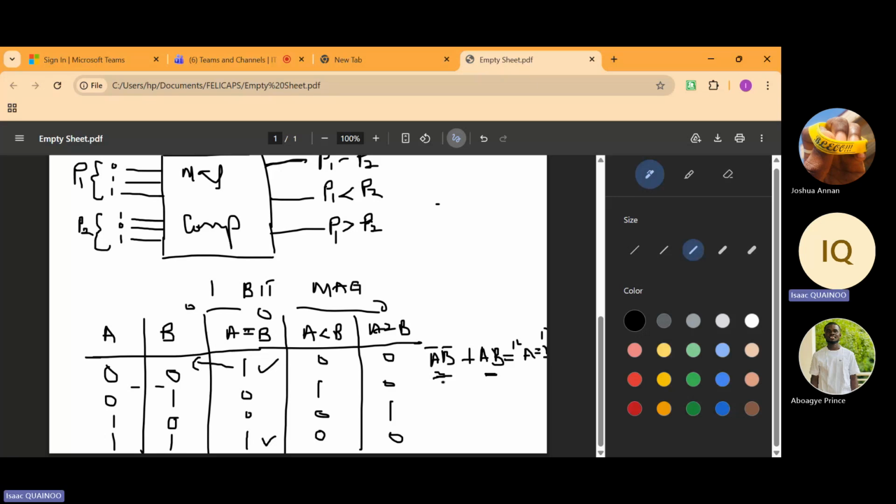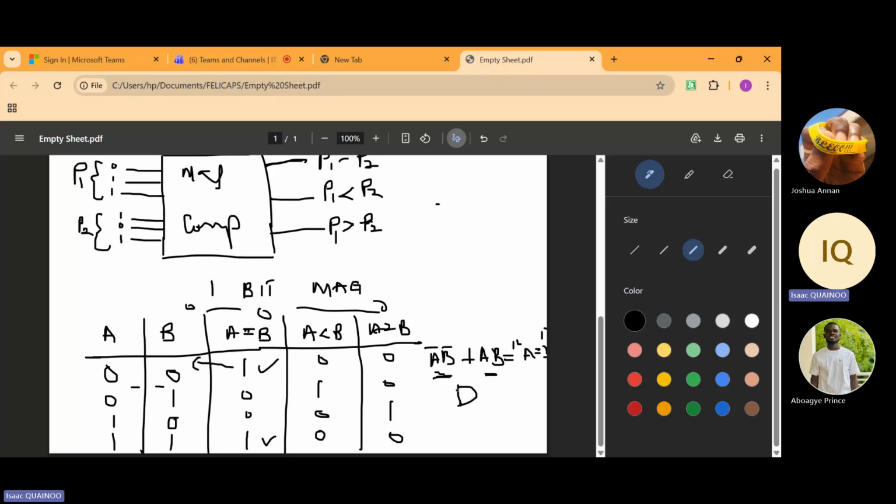We have the first product term, A bar and B bar. Which logic gate are you going to use to implement A bar B bar? Can someone tell us? We are going to use an AND gate. That's very true, because this is an AND operation, a product term. For all product terms, you always use an AND operation.